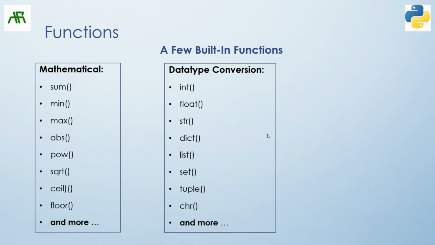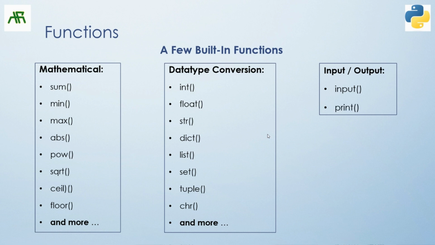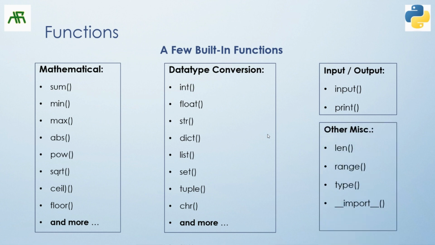We have two input output functions in Python. One is input to receive input from the user, and the print statement to send the output to a standard device. And there are some miscellaneous functions: length, range, type, import, and so on.